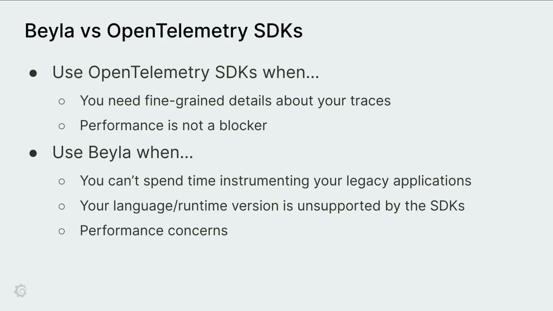Also, we found some users using a very old version, in that case not Python, but Ruby. They had a very old version of Ruby and libraries, and the Ruby OpenTelemetry libraries didn't support their version. So thanks to Vela, they could get at least basic metrics and traces about their application.